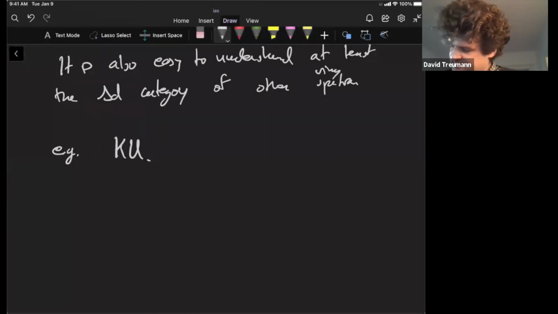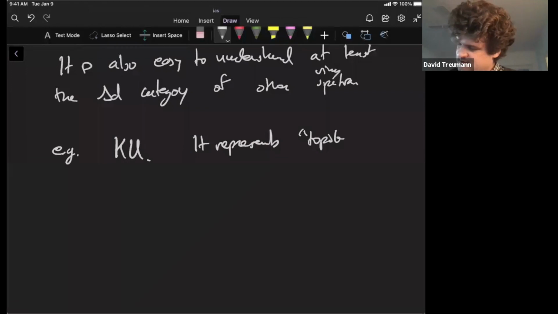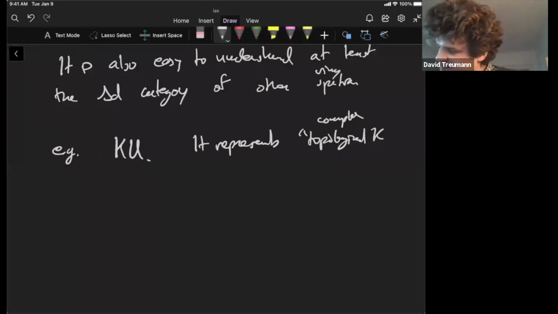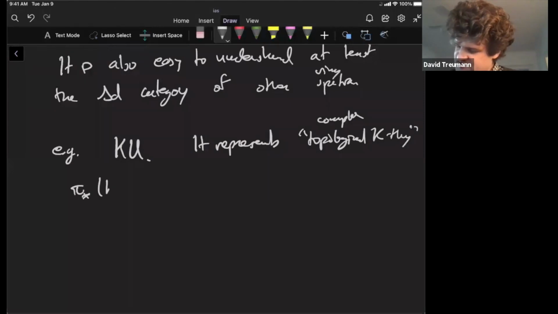This represents complex topological K-theory in the sense of Atiyah and Hirzebruch. Its homotopy groups are Z in even degrees and 0 in odd degrees.